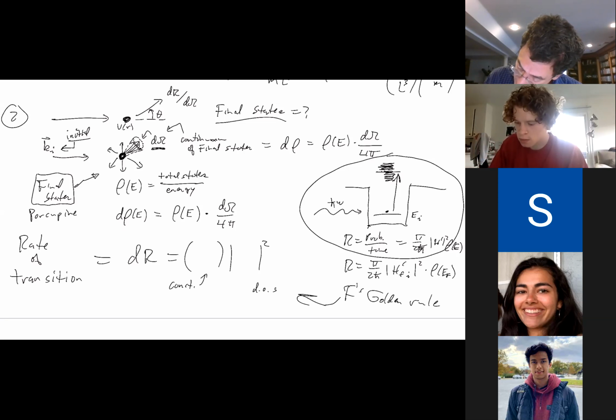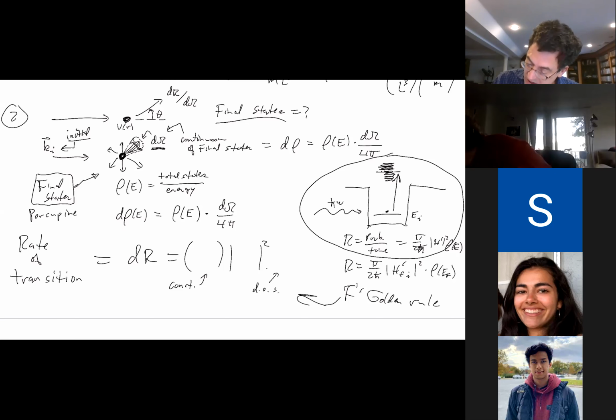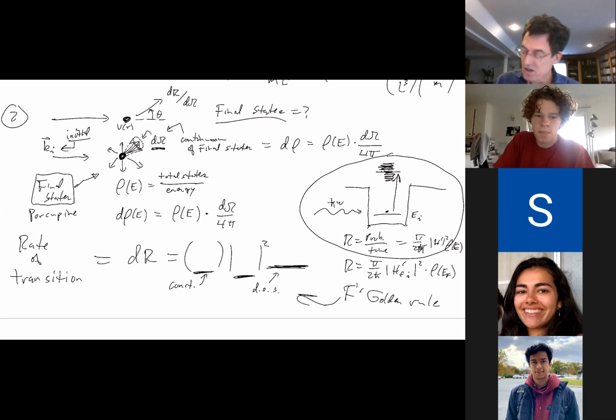So let's start with the density of states. What's the density of states? There's three things in Fermi's golden rule. What's the density of states used for our problem? d rho of E. That's right.